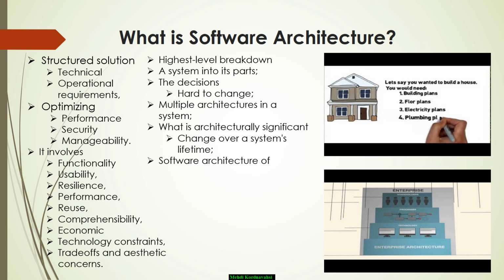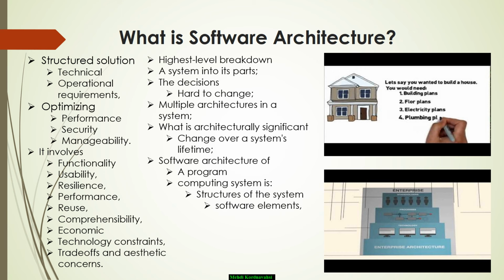The software architecture of a program or computing system is the structure or structures of the system, which comprise software elements, the externally visible properties of these elements, and the relationships among them.